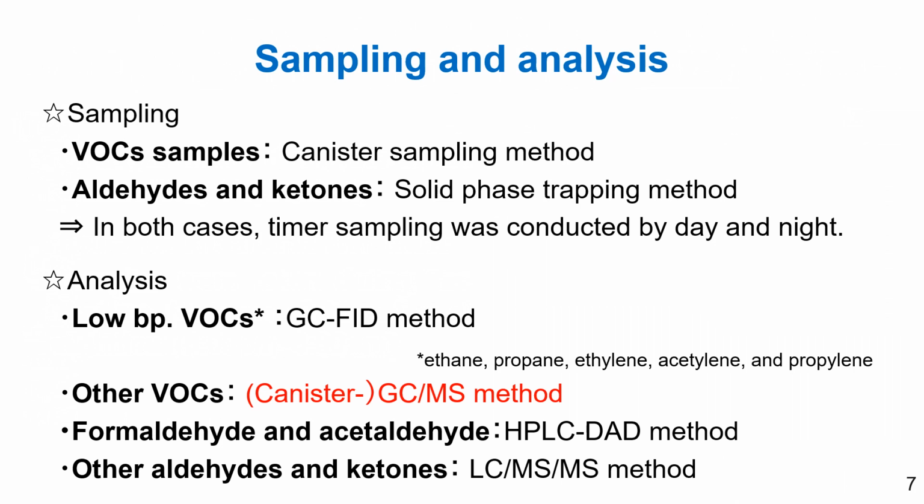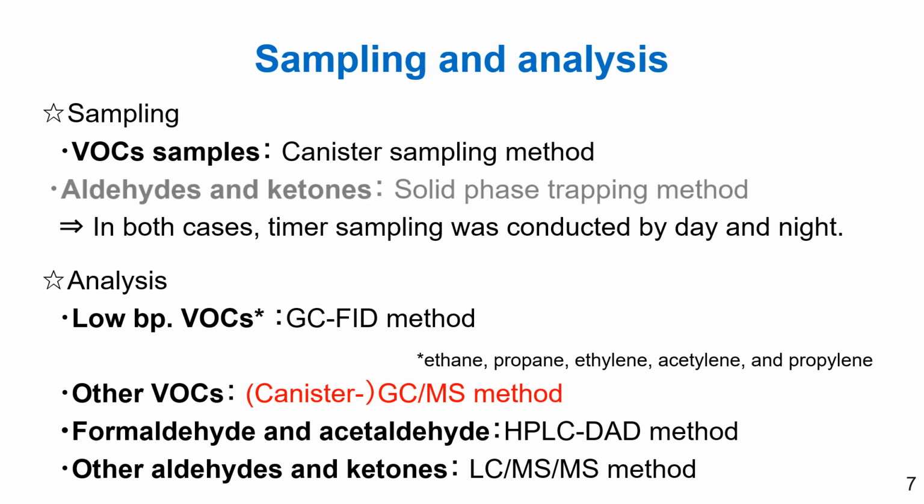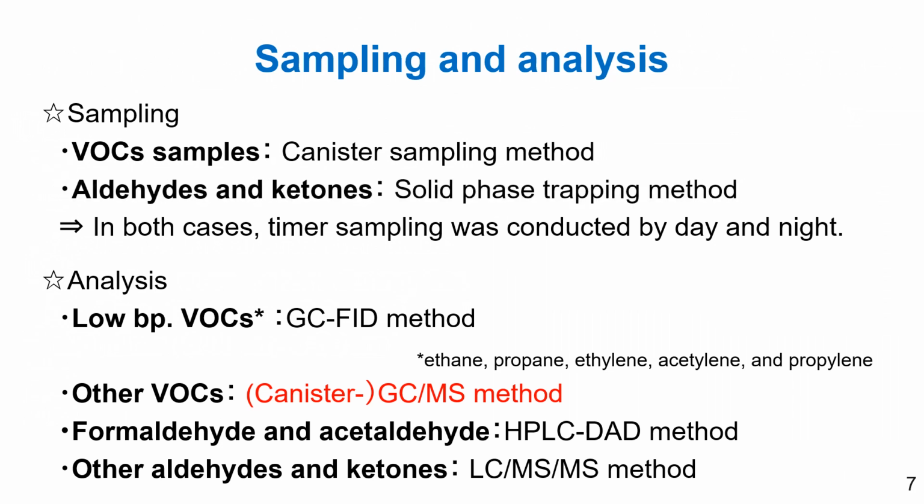For sampling, the canister sampling method was applied for VOC collection, and the solid phase trapping method was used for aldehydes and ketones. As previously mentioned, sampling was carried out separately for daytime and nighttime using a timer-based approach.